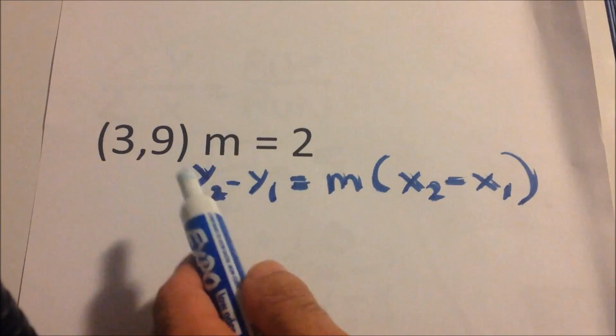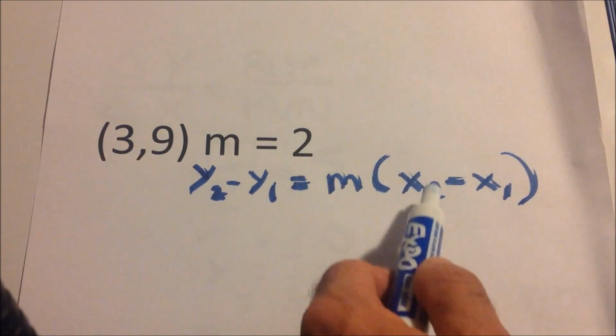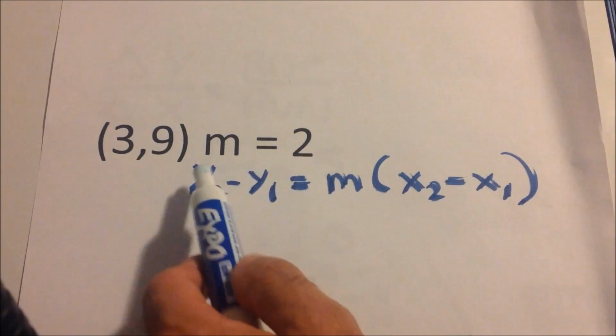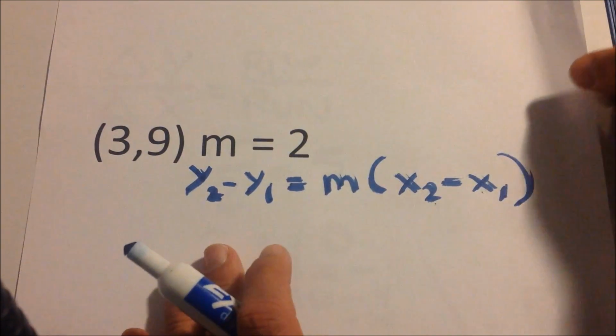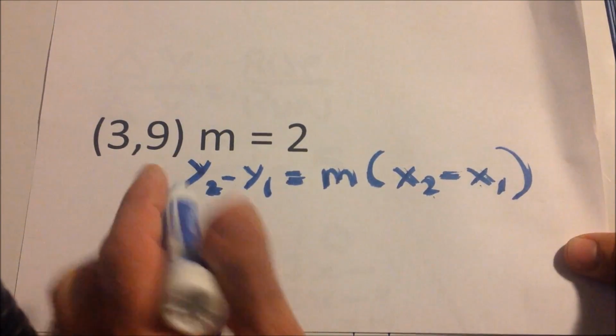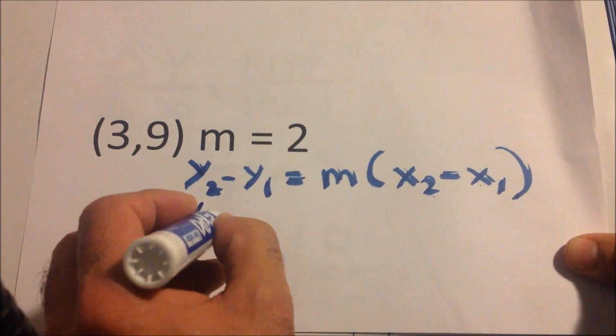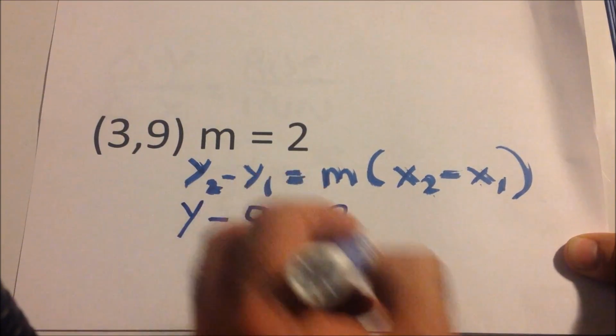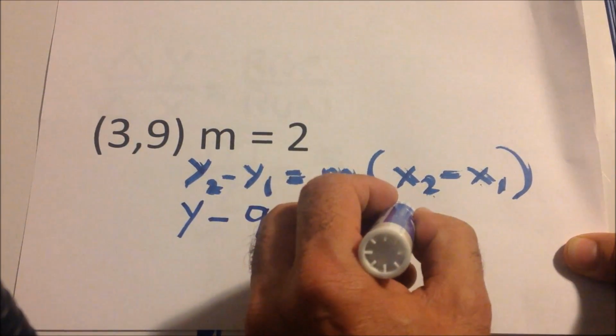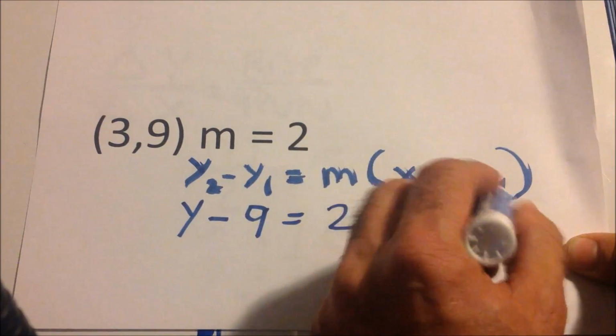Some students say y to y, mx to x. y to y, mx to x. Or whatever mnemonic device you need. So, we're using the first y, so we can say y minus 9 equals 2, m is 2, and we're going to say x minus 3.